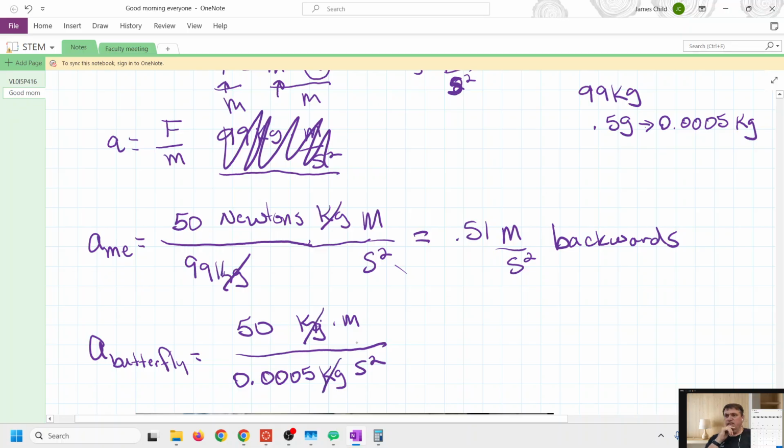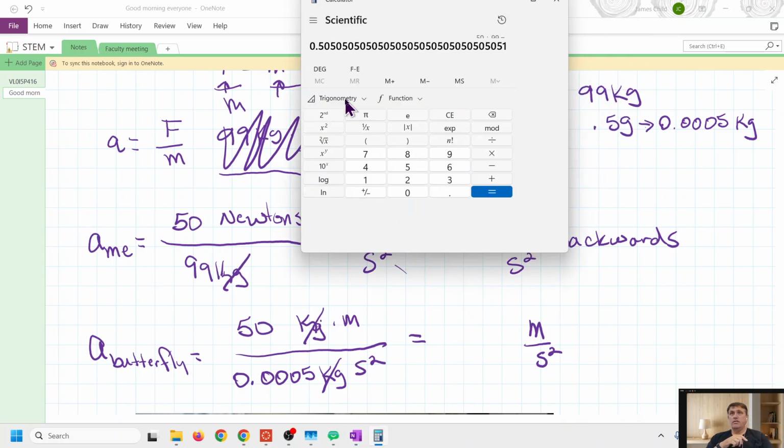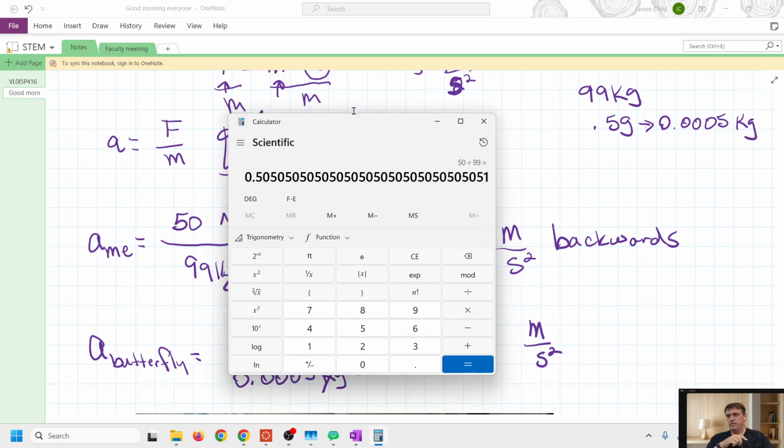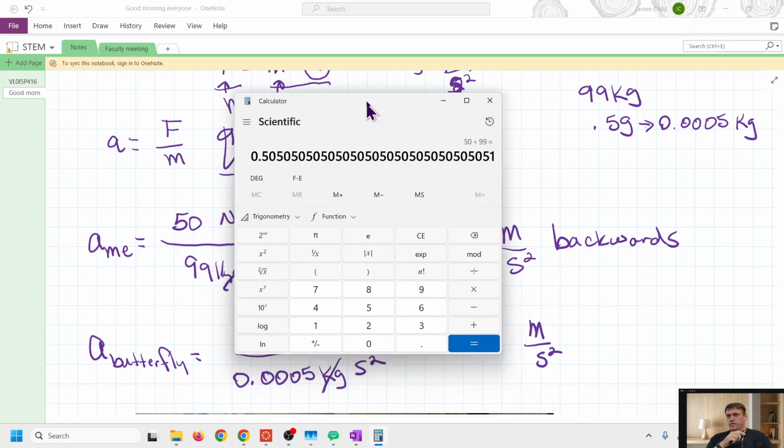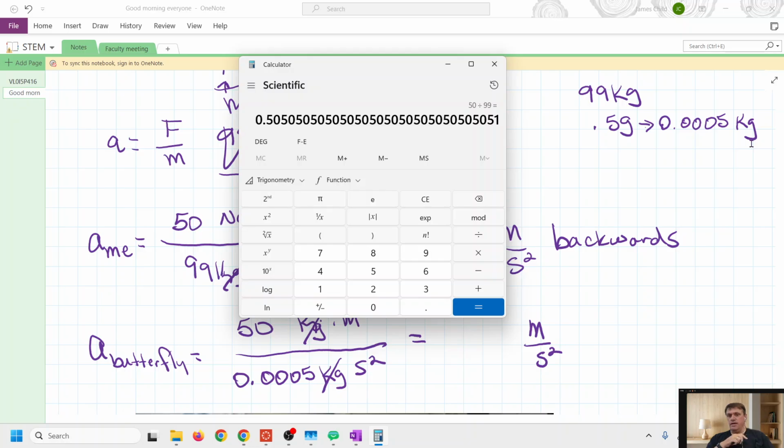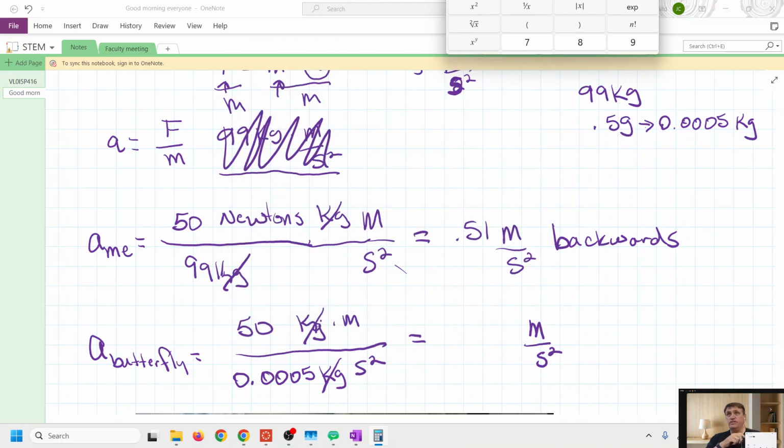The kilograms cancel, and I get meters per second squared, which is what I wanted. Let's grab our calculator here. Oh, it disappeared on me. All right, so 50 divided by 0.0005, that's 100,000 meters per second squared.